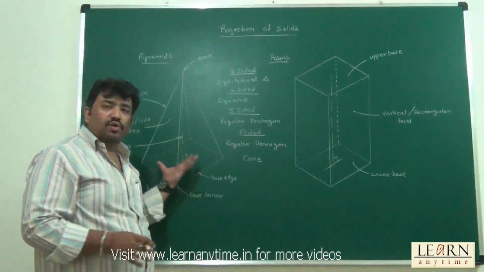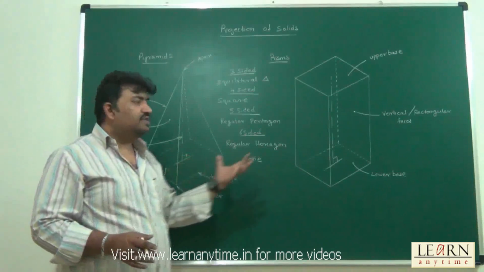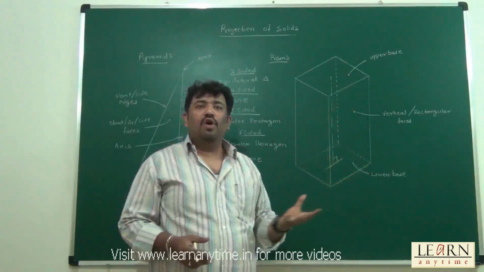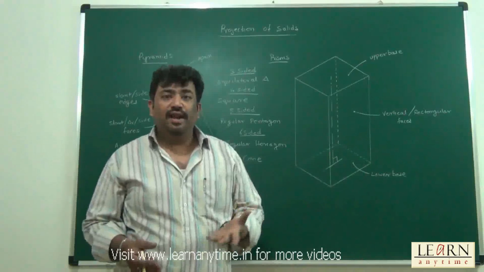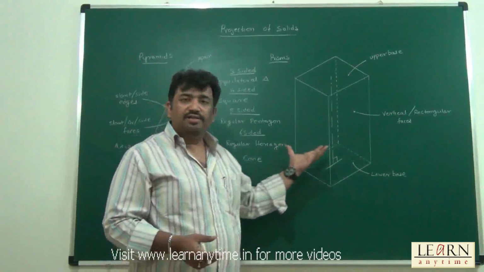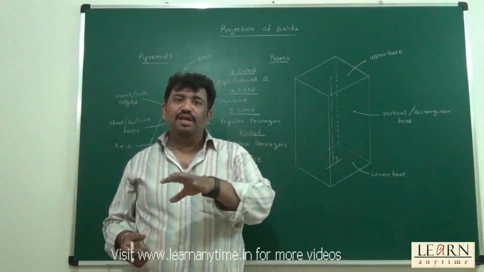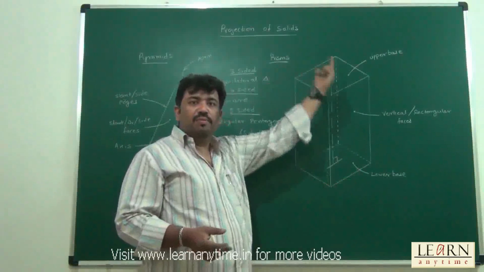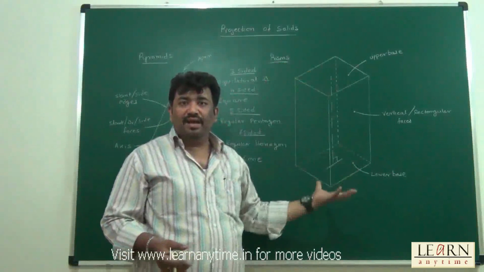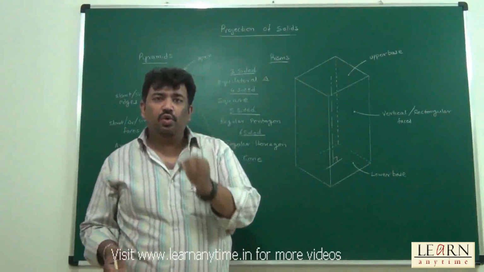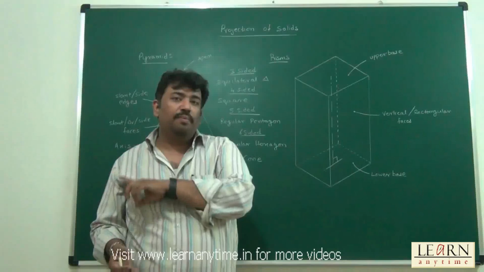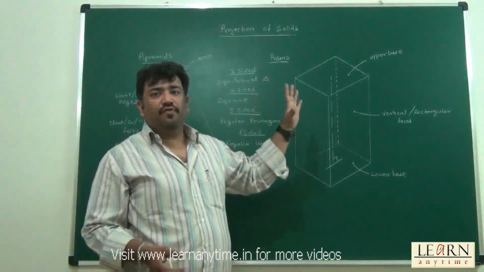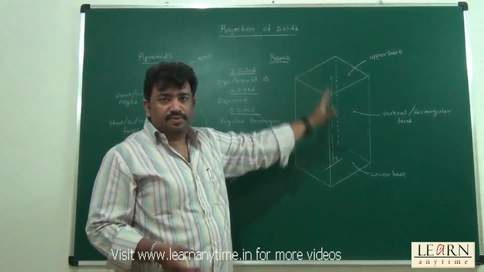Similarly, like the circular base for a pyramid, if we have a circular base for a prism, that solid will be known as a cylinder. A cylinder is basically a circular prism: circular base at the bottom, circular base at the top. For the same reasons I told you why a cone is different from pyramids, a cylinder is different from these prisms.